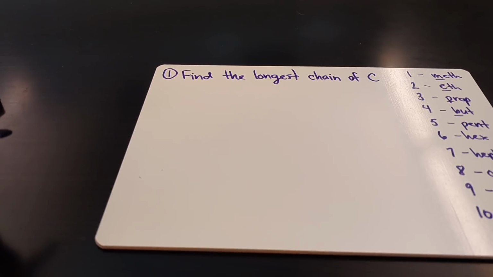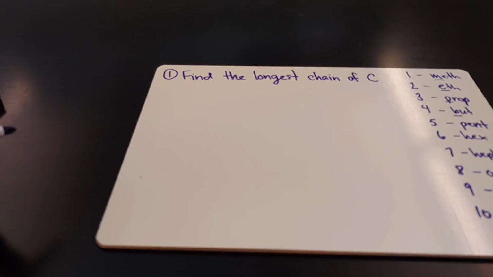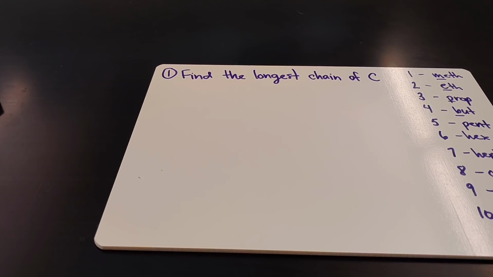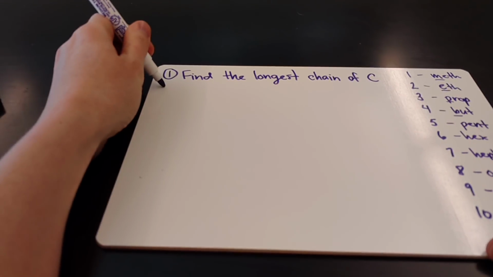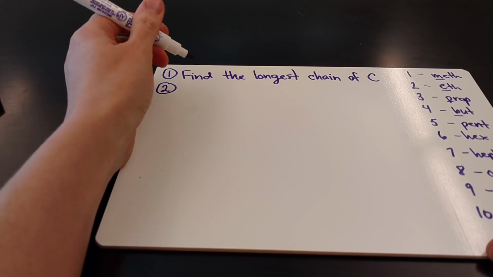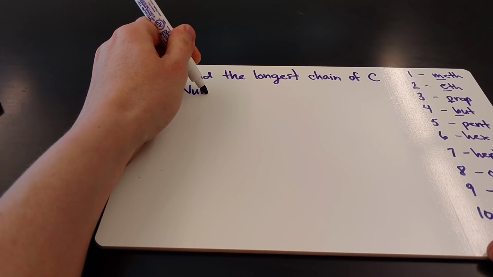And if you remember from your notes, the longest continuous carbon chain is called the parent chain.